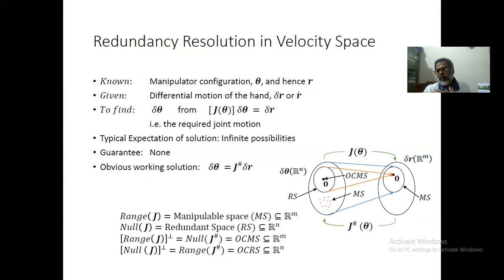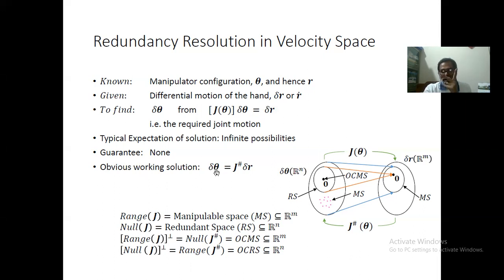You can take all vectors orthogonal to this subspace and they will construct the orthogonal complement of the redundant space, which is the orthogonal complement of the null space of J. Therefore, when you multiply a task space motion vector delta R with J hash, you get only a component in the OCRS, because it is going to minimize the size of delta theta.